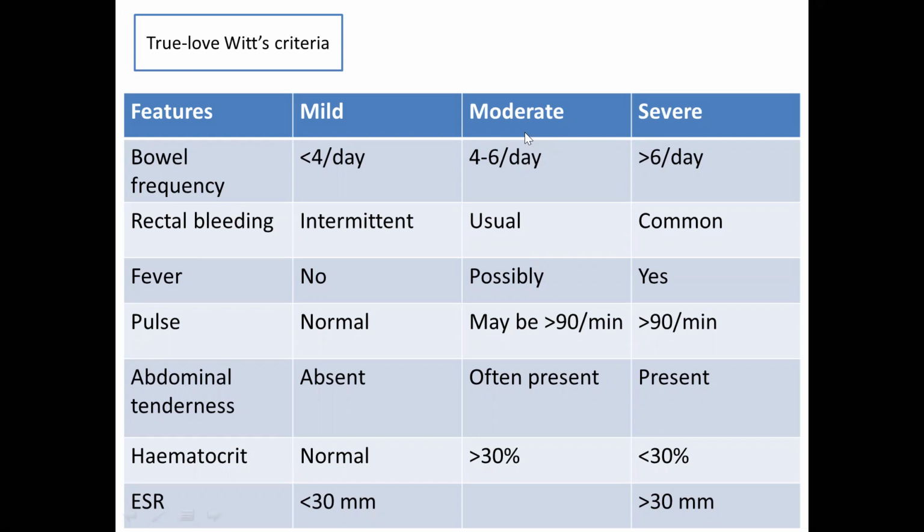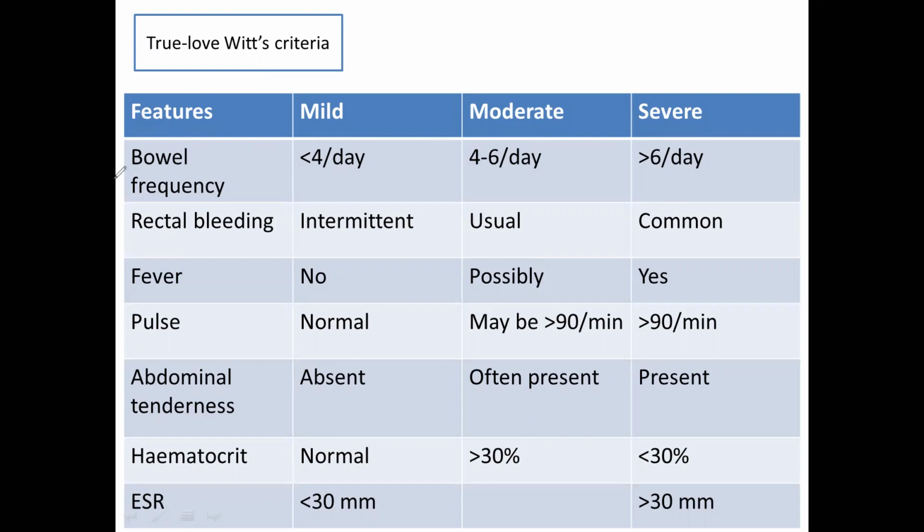And the third is according to the features through which we can classify it as mild, moderate, and severe. In the Truelove and Witts' criteria, there are 7 points on the basis of which disease is categorized into mild, moderate, and severe.